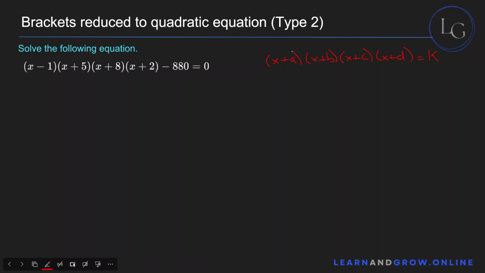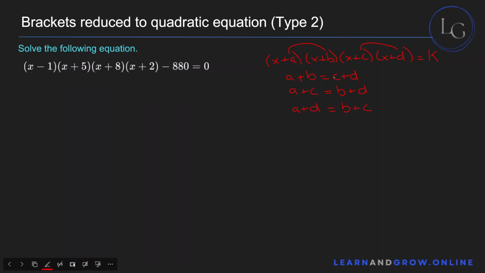The condition being that if you add up any two constants in the brackets, they must be equal. So a plus b must be equal to c plus d, or a plus c must be equal to b plus d, or a plus d must be equal to b plus c.